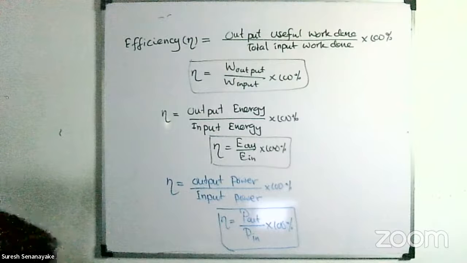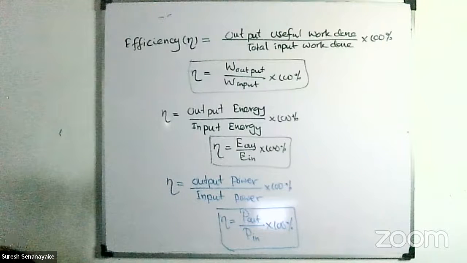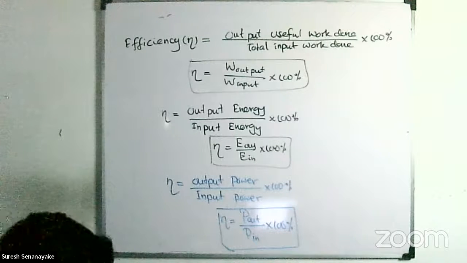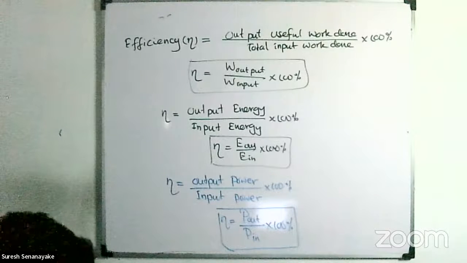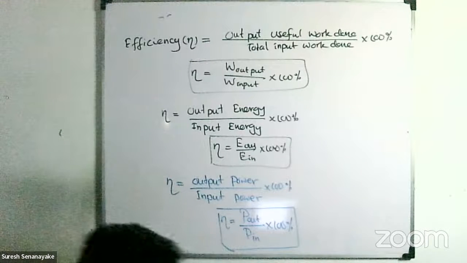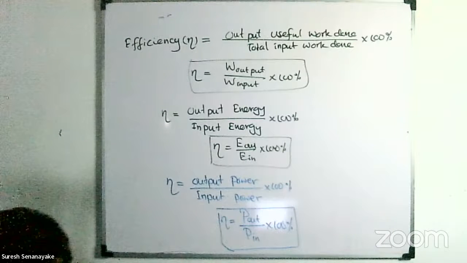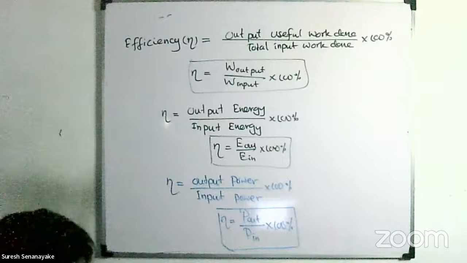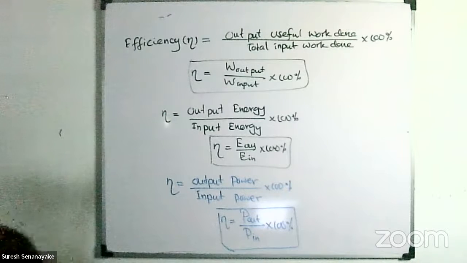There is no ideal machine on earth. All machines lose some part of the given energy as heat, sound, and other forms, because that loss is not useful energy for that system.